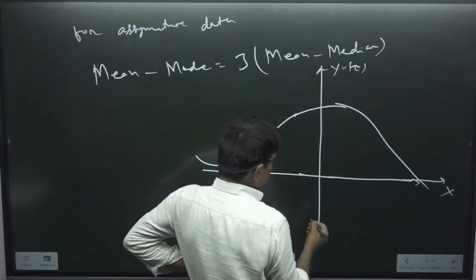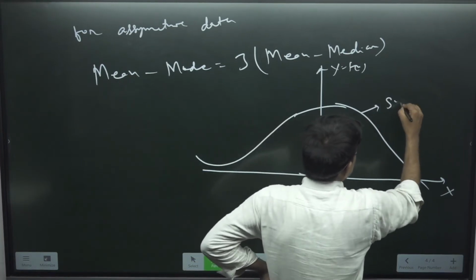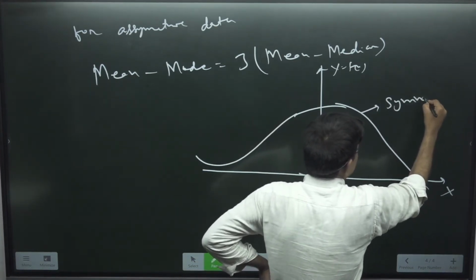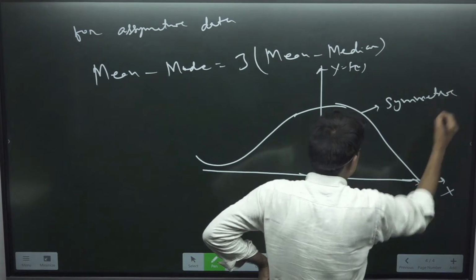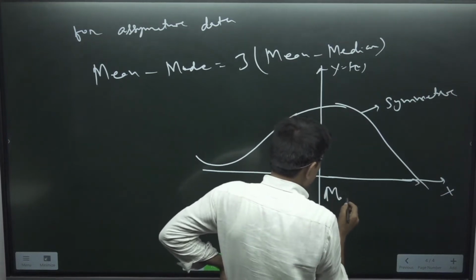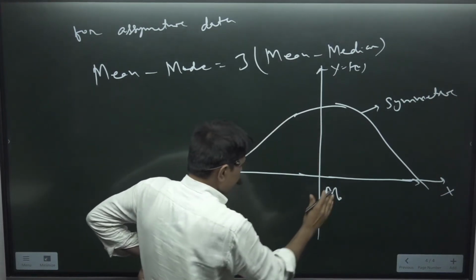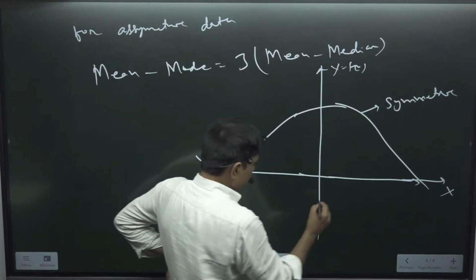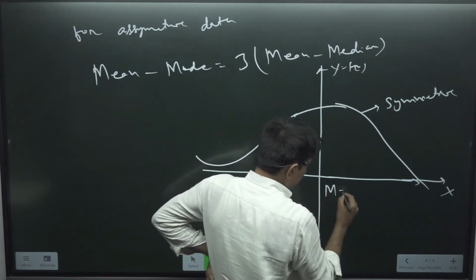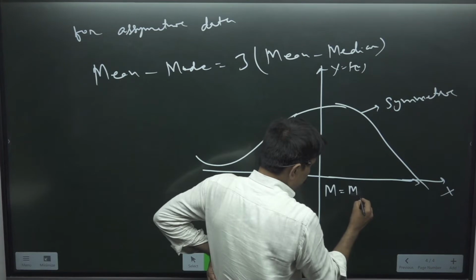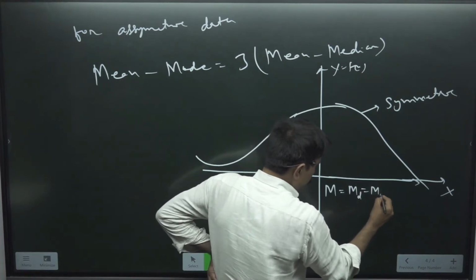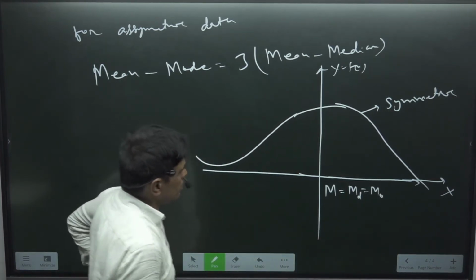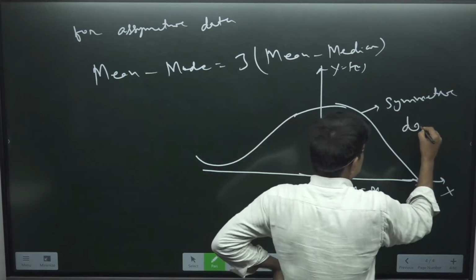So for symmetric data, mean is equal to median equal to mode.